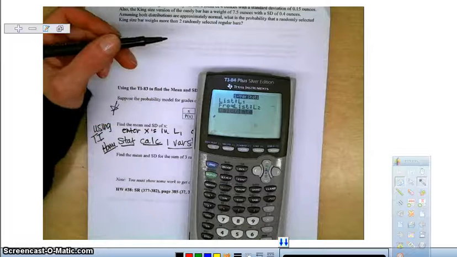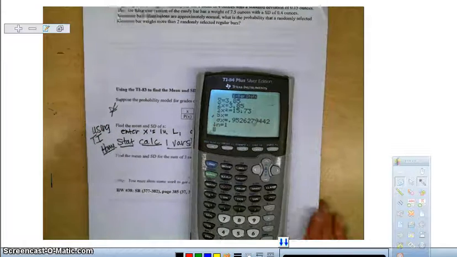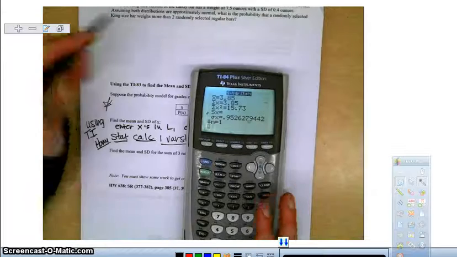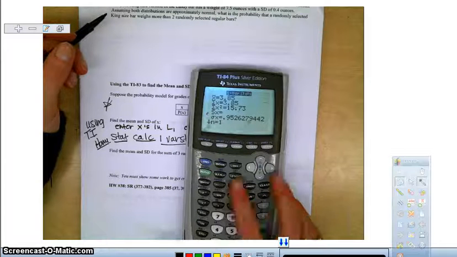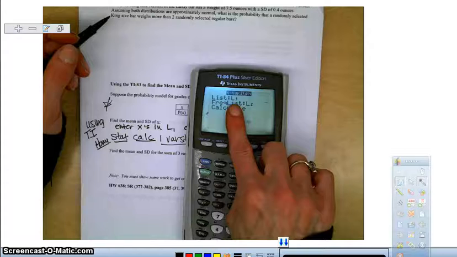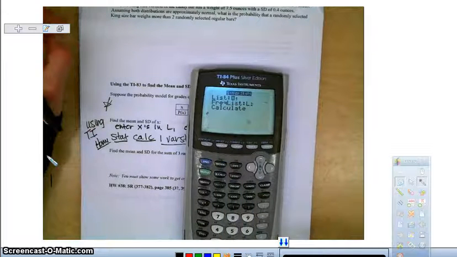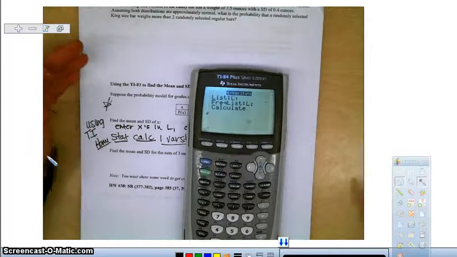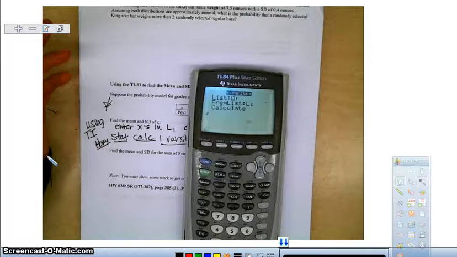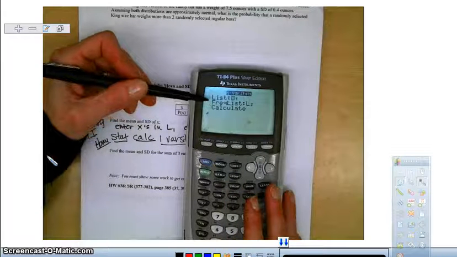So stat, calc, one variable stats, list 1 is the X list, list 2 is the frequency list. Frequency is how many times something occurs. It's like a probability. Do any of you have a calculator that does not show this command?